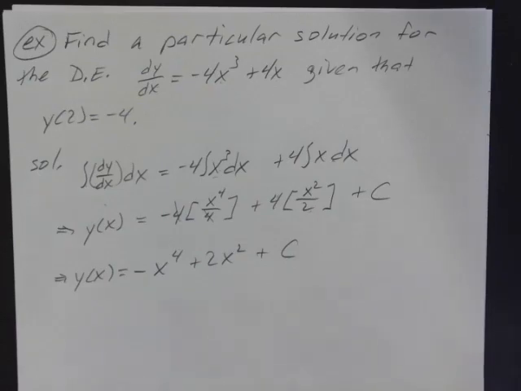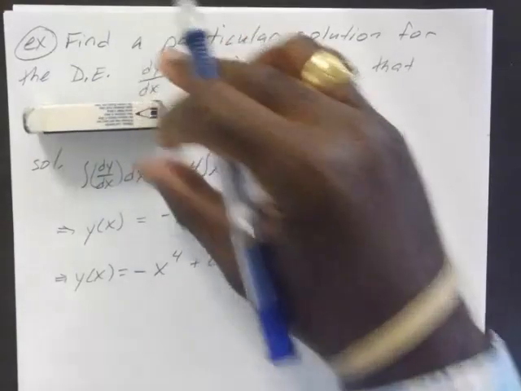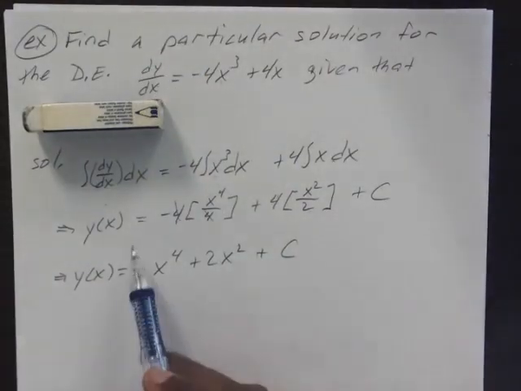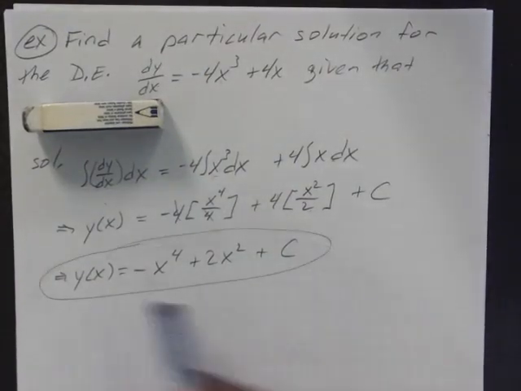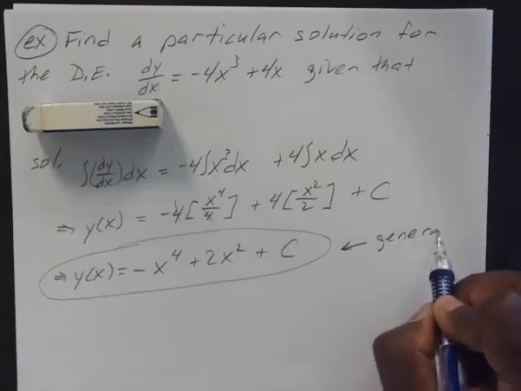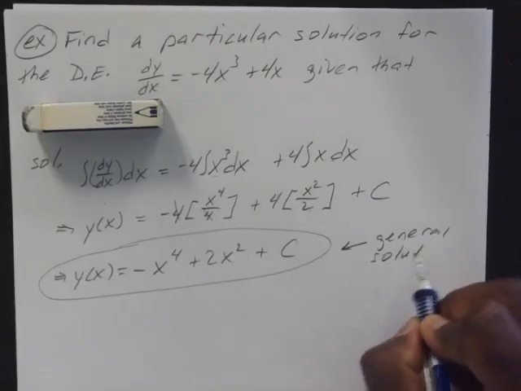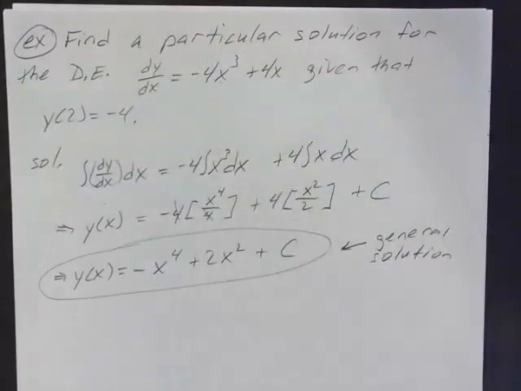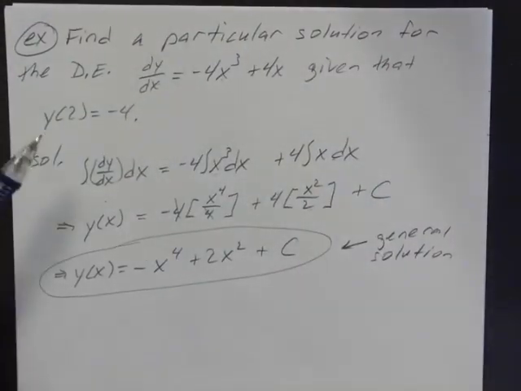Okay, so if they didn't give us that y of 2 is equal to negative 4, this would just be our general solution, and we would just stop there. But they did give us this y of 2, so we have to keep going.